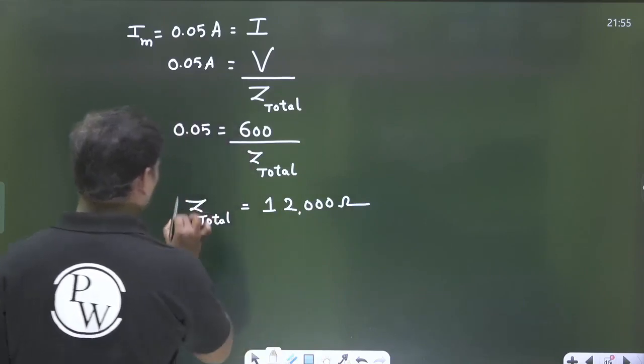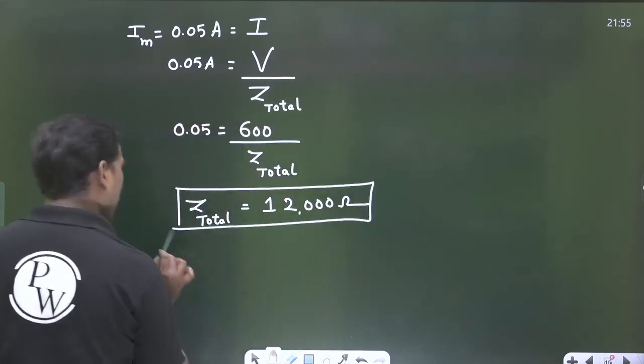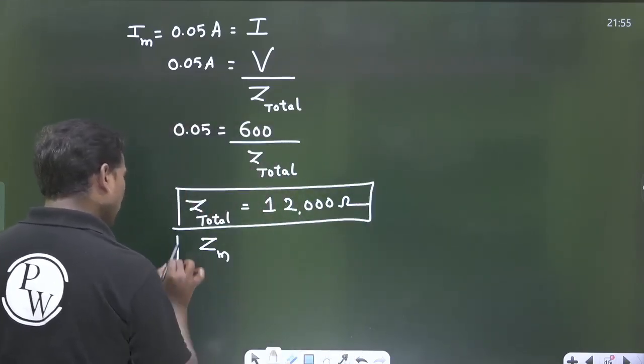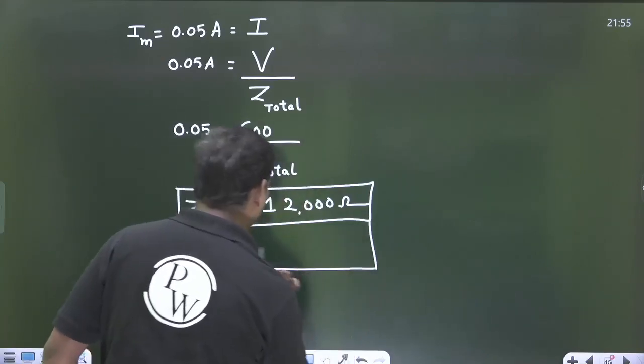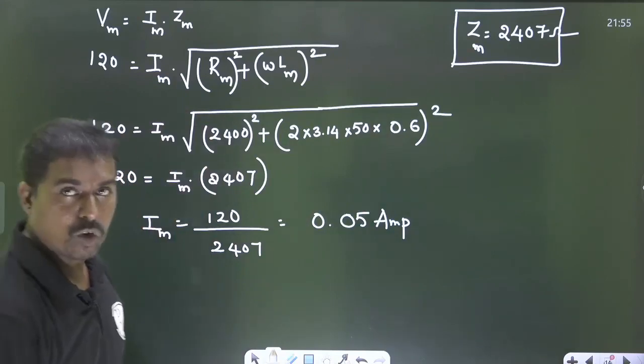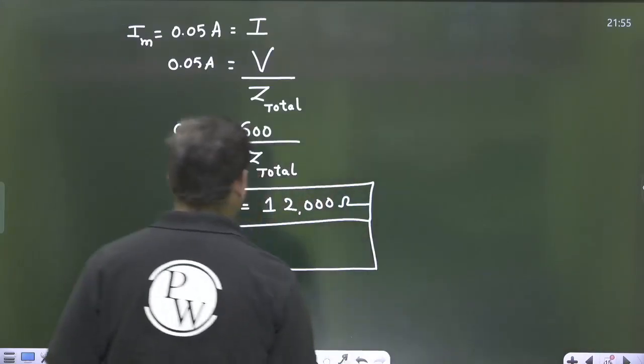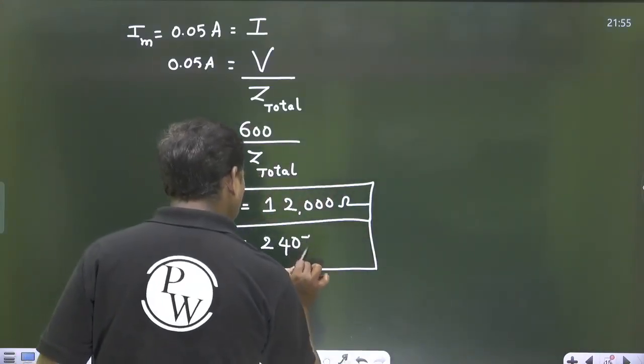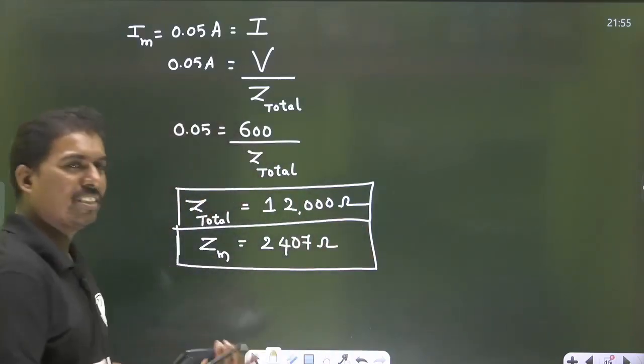So this is Z total, and Z of the meter we also got, 2407 ohms.